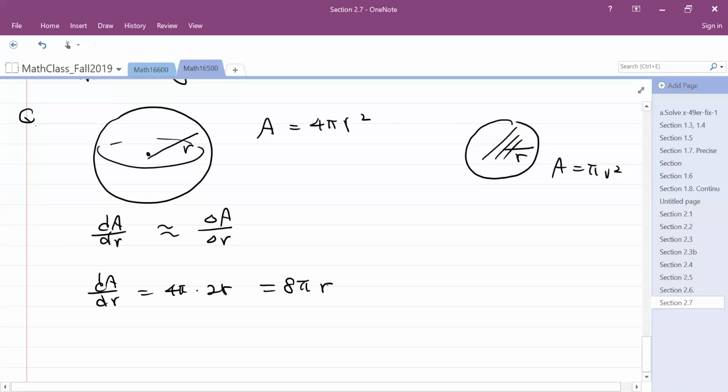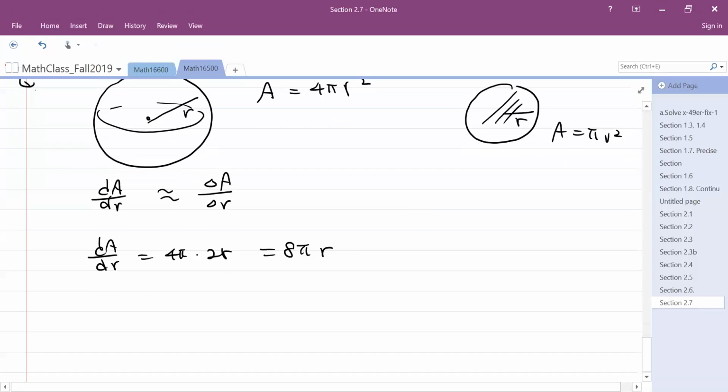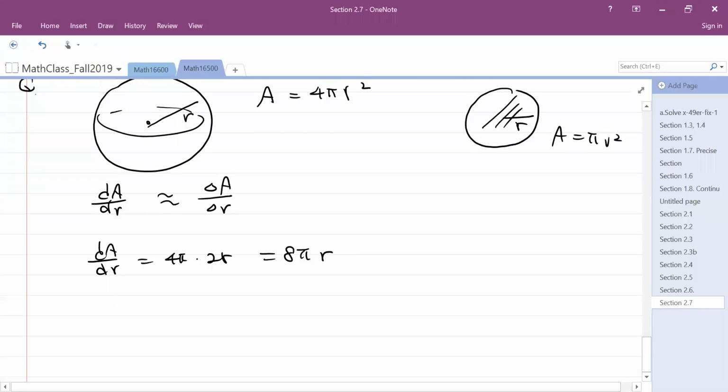For the smaller ball, the area increase is much smaller, right? If the ball is large and the radius increases by 1 inch, the change in the area is much larger. If you have a ping pong ball and the radius increases by 1 centimeter, the surface area changes, but only a tiny bit.